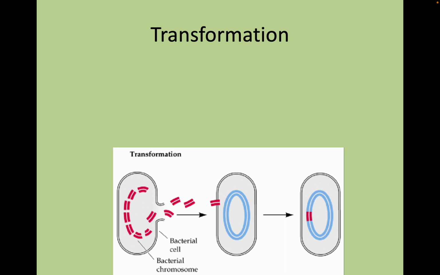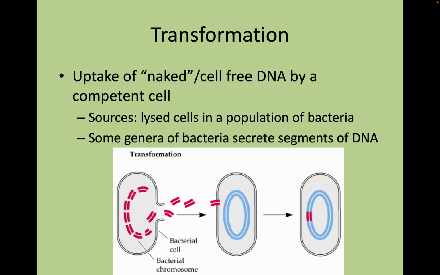So, transformation is the uptake of naked or cell-free DNA by a competent cell. That DNA might just end up free-floating in the environment if the cell is lysed in a population of bacteria, and some genera of bacteria secrete segments of DNA. So one way or another, bacterial DNA can just be floating around in the environment. It makes it through the cell membrane and becomes incorporated in chromosomal DNA. This is called transformation.